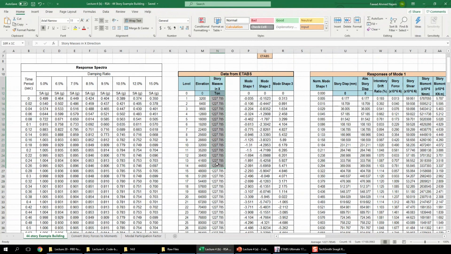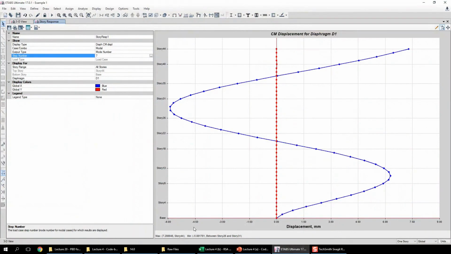These story masses also need to come from ETABS, because manual calculation is very complex for each story. So I directly take from ETABS, and ETABS reports the story masses or diaphragm masses if you assign the diaphragms to your floors.